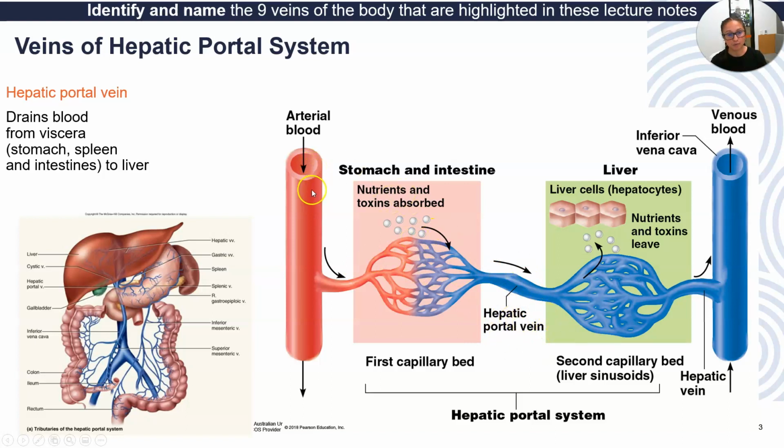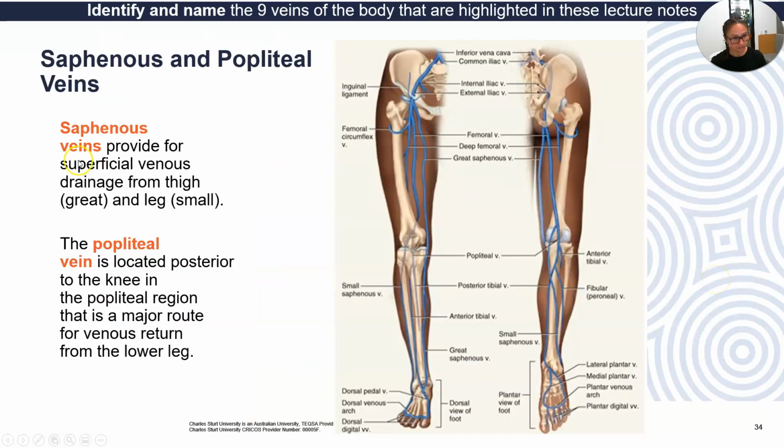So blood goes into the stomach and intestine, you absorb things, it goes through the hepatic portal vein to the liver, the liver detoxifies all the alcohol that you've drunk, or some of it, and then it goes through the hepatic vein into your venous blood. So it's like a safety mechanism to protect your systemic circulation from what you eat.